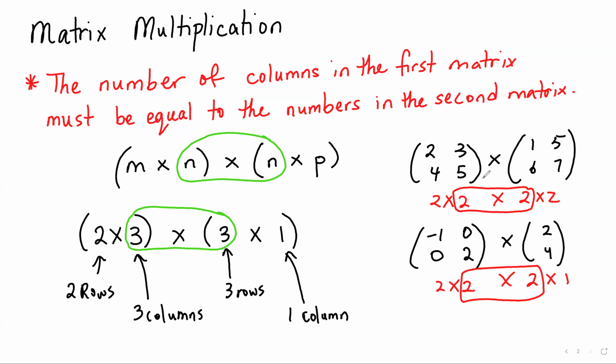So let's do a short little exercise. I'm going to write out some matrices here and you'll tell me if they can be multiplied by each other or not, right? So let's say I had 1, 3, 5, 9 times 2, 4, 6, 8, 10, 12.